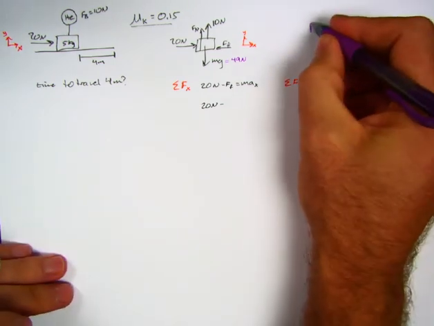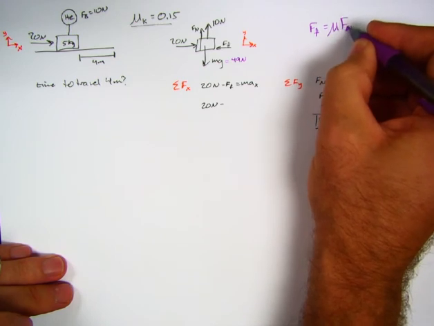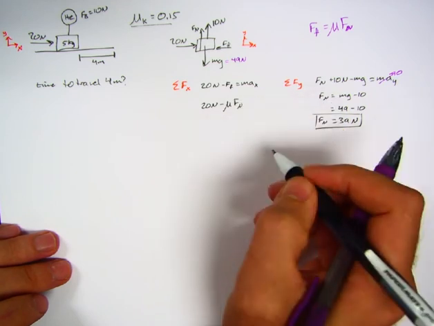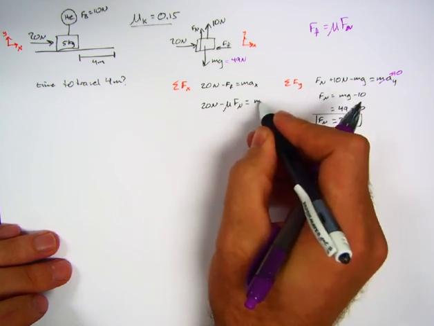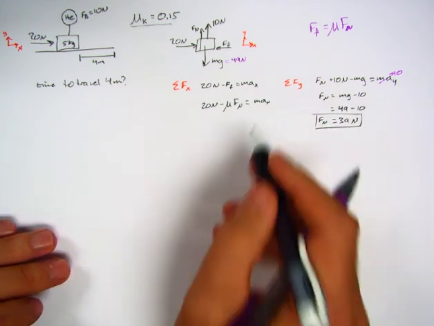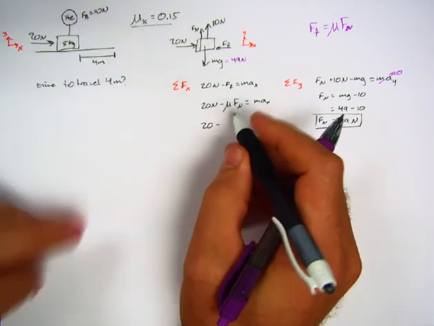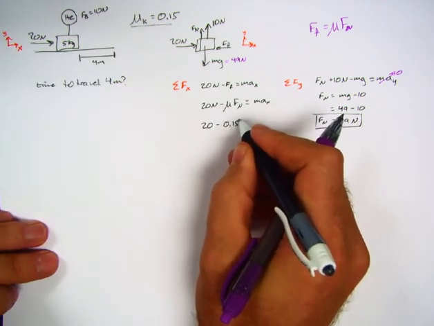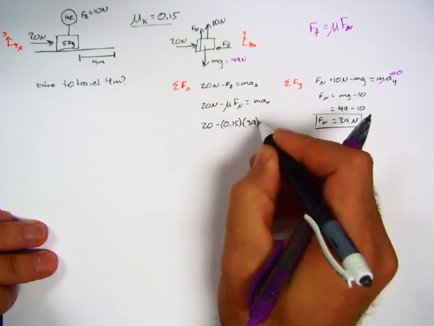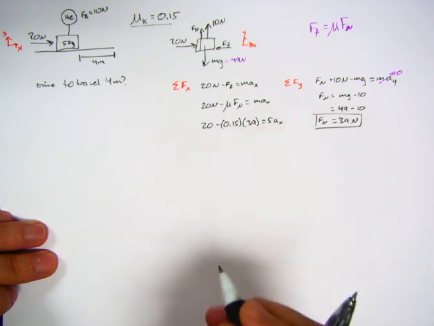Let's remember, force of friction is equal to mu times F normal. So we can make that substitution, mu F normal, equals mass times acceleration in the x direction. And now everything we have is numbers except the acceleration. 20 minus mu, which is 0.15, times F normal of 39 equals mass, which is 5 kilograms, times a in the x direction.